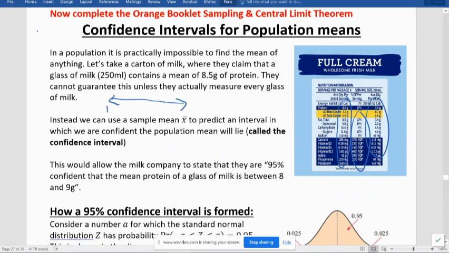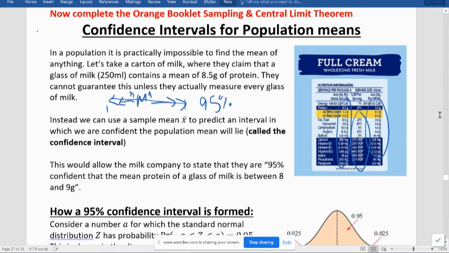There's some value at this side and this side, but we think, with 95% confidence, that the mean will be somewhere within this interval. They call it a confidence interval, and we can be 95% confident. We could be 85% confident. We can choose the confidence level, but we can actually get an interval where we believe the mean will be.